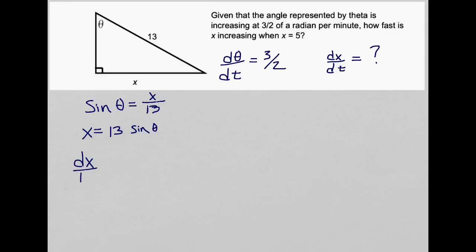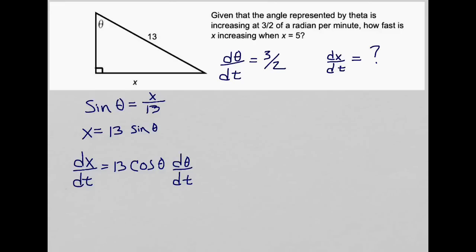So dx dt, which is really what I'm looking for, is equal to 13 times the derivative of the sine, which is the cosine of theta. And I have to multiply that, using the chain rule, by the derivative of whatever theta is, again with respect to t, so d theta dt.